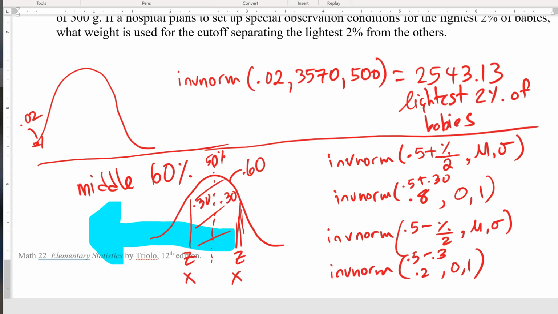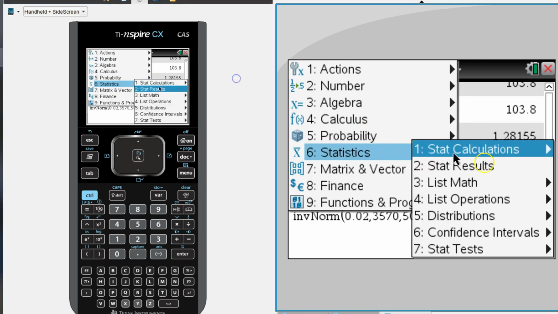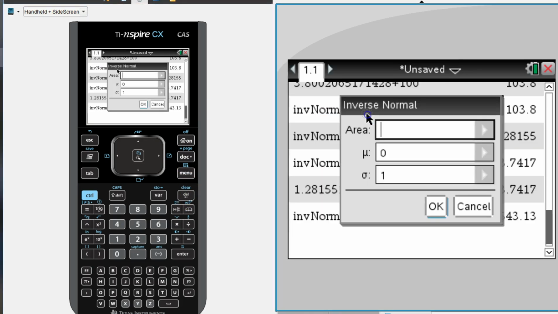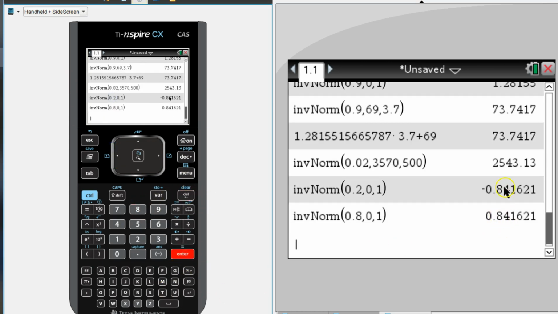So I know this is a little tricky, but you've been warned, I'm going to have a couple questions like this on the quiz. Okay? So how would we do that again? Inverse norm, what was it, 0.2? And inverse norm, 0.8. Notice those are opposite.